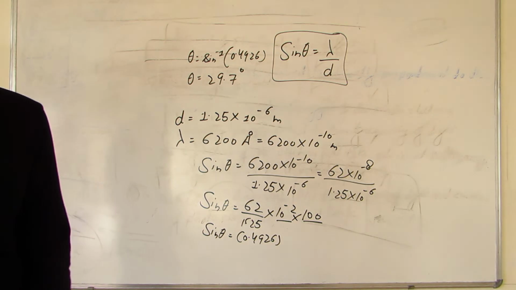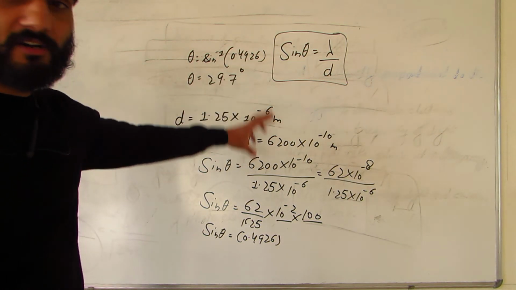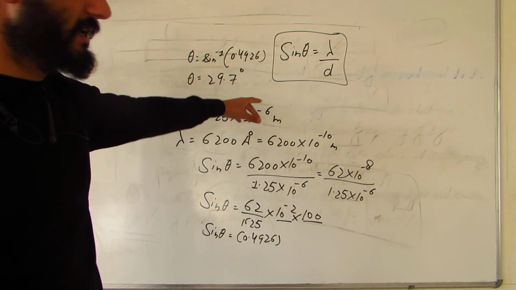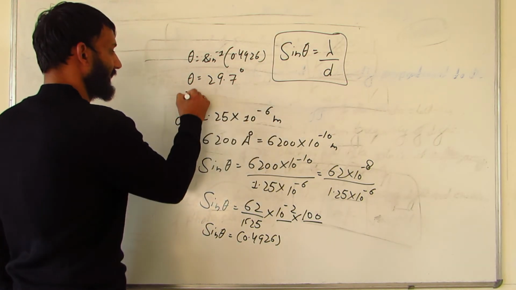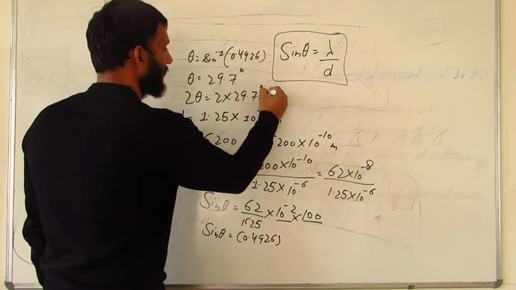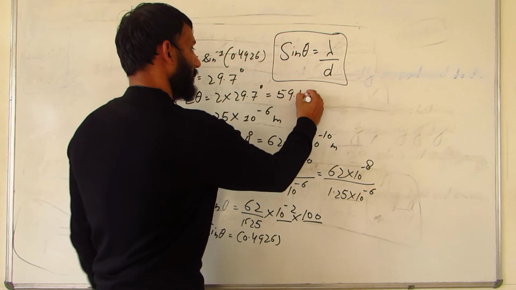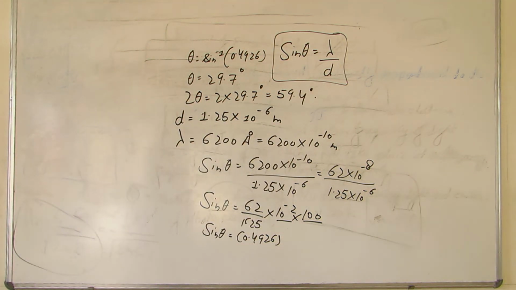But if you remember, yesterday I told you that the width of the central maximum extends on both sides of the central maximum. So we will multiply it by 2. Why? Because this theta extends above and also below. So it will be 2 into 29.7 degree, which will come around 59.4 degree. So this is how you are supposed to do these questions, right?